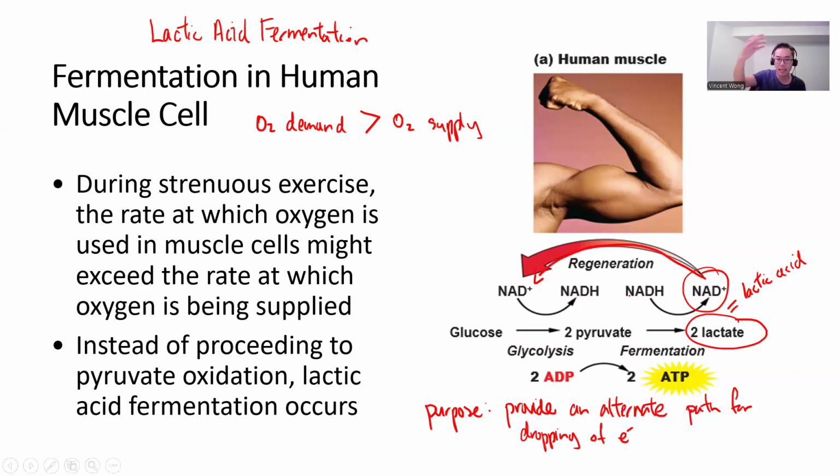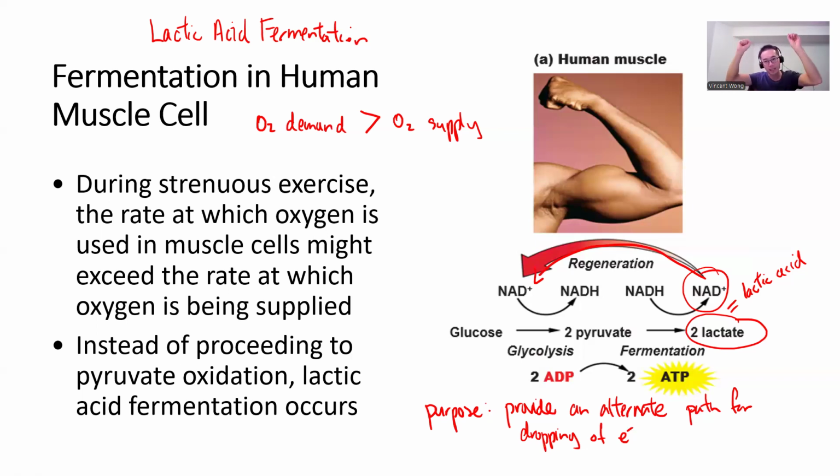So in this process, you will still be generating 2 ATP. It's a far cry from 36 ATP, but it's better than nothing. It will keep you going for that extra 10, 15 seconds. If running is difficult for you to visualize, just think about hanging onto a monkey bar. You've hung on for as long as you can. You feel the muscle burning. The burning sensation is actually the lactic acid.